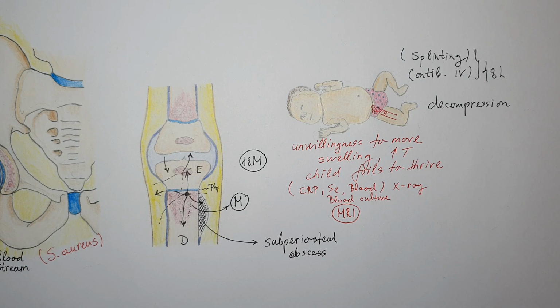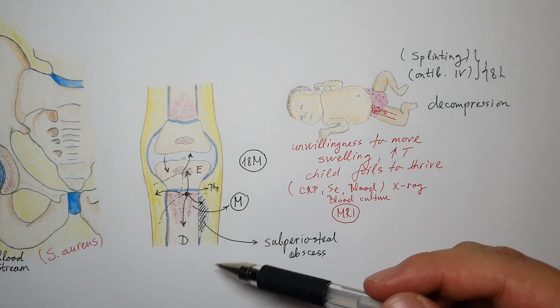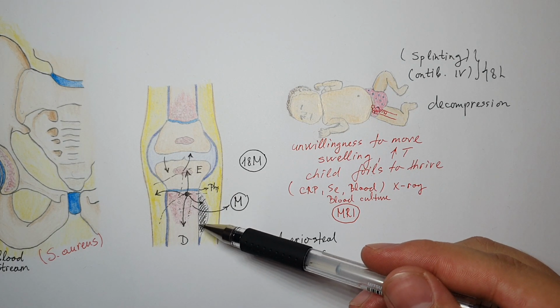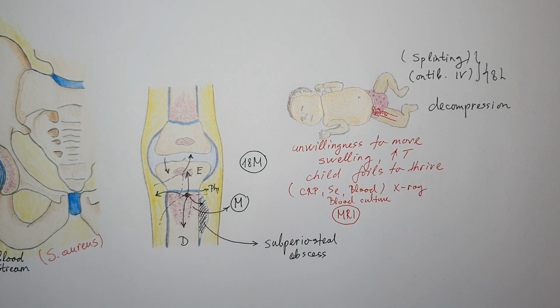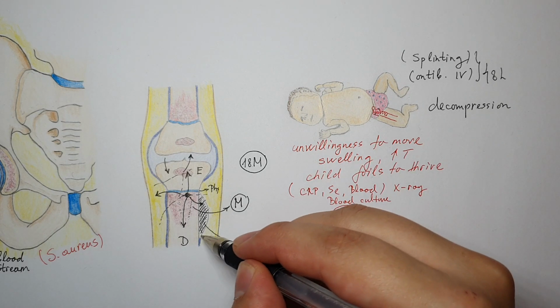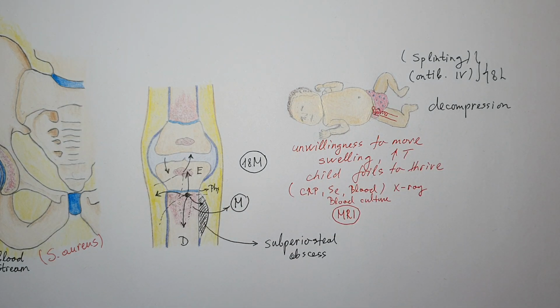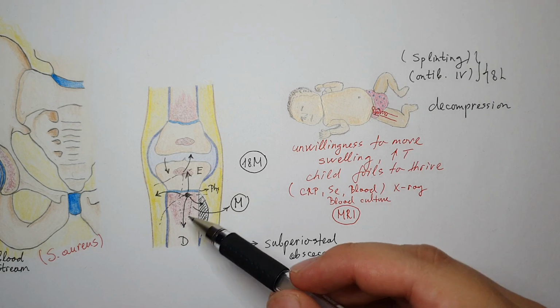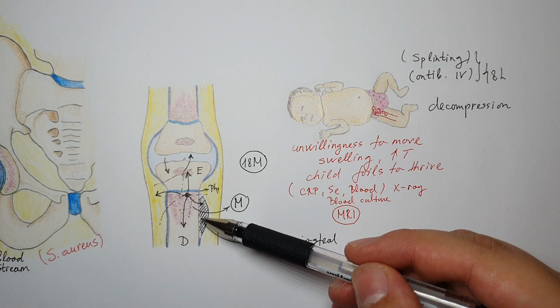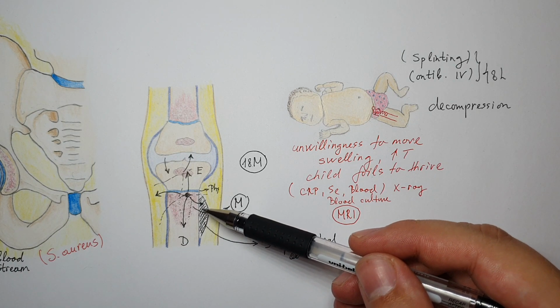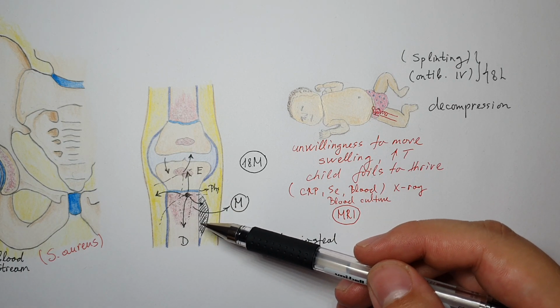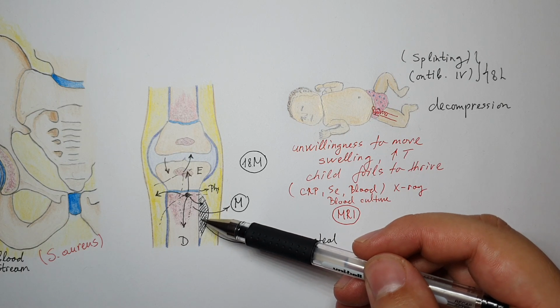A subperiosteal abscess happens because in children, the periosteum has two parts, an upper fibrous part and an inner very vascular part. The upper fibrous part can be easily lifted off, and the infection spreads to this vascularized part and starts forming pus, and a subperiosteal abscess happens.